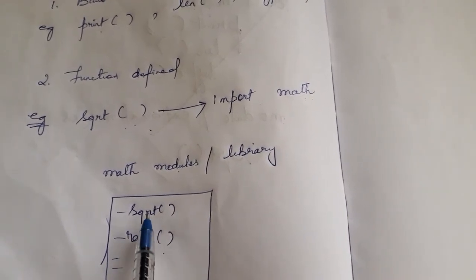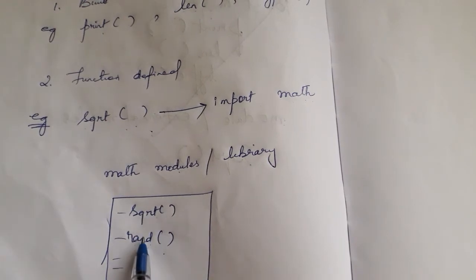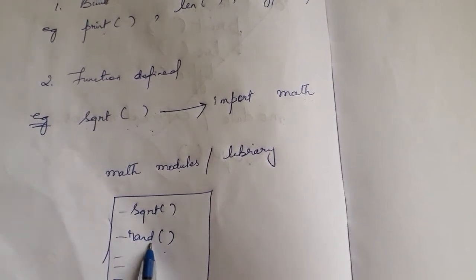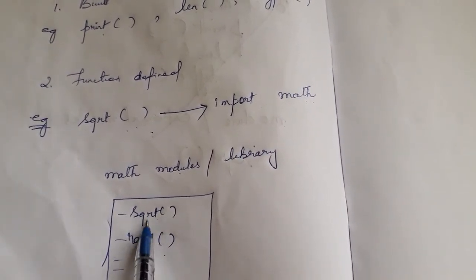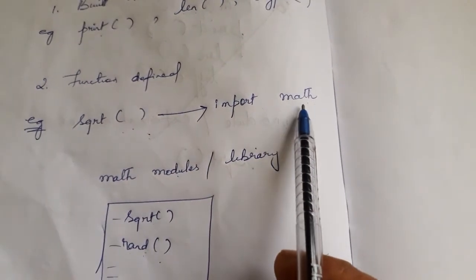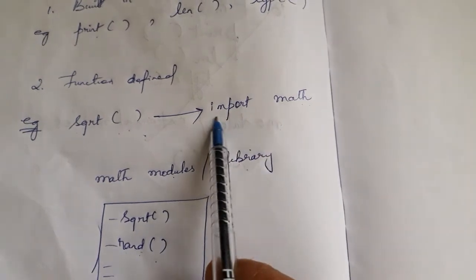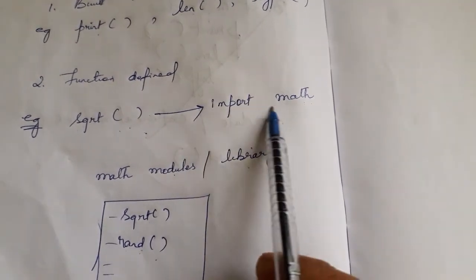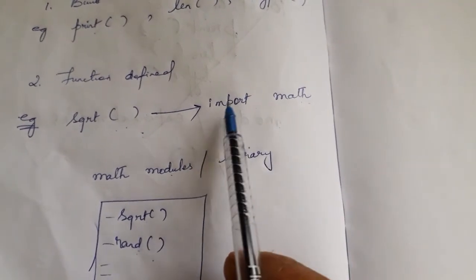Whenever you need to use the sqrt function or the random function, you cannot just call it in the program. You will also need to import its module at the top or in the heading of your program. Only then will you be able to use it.